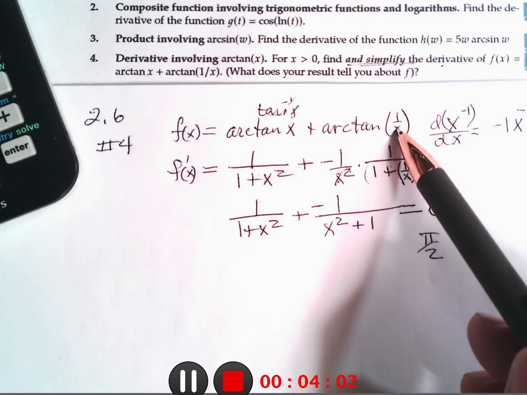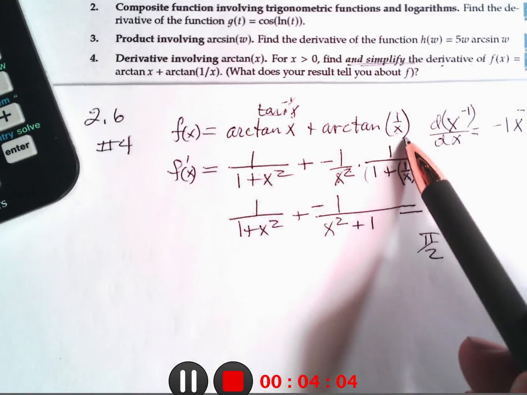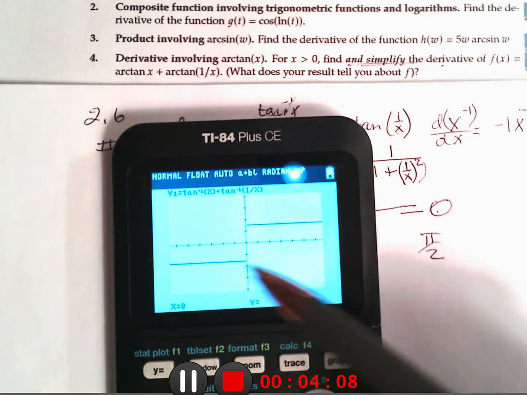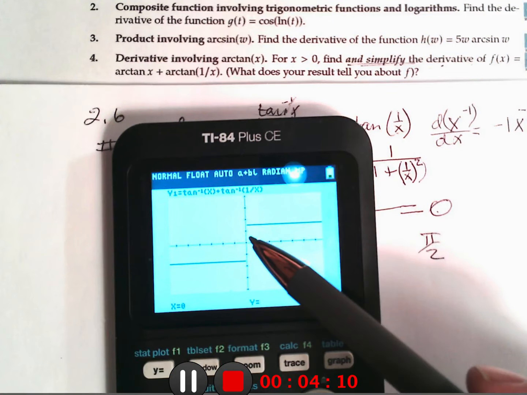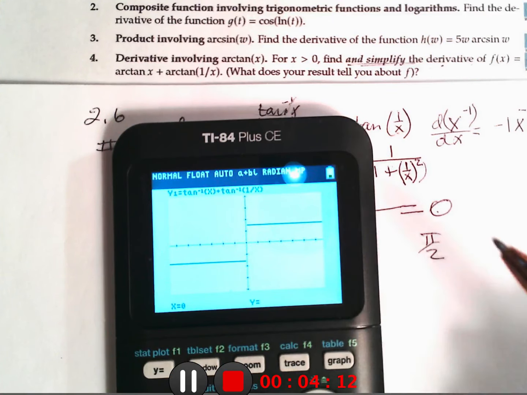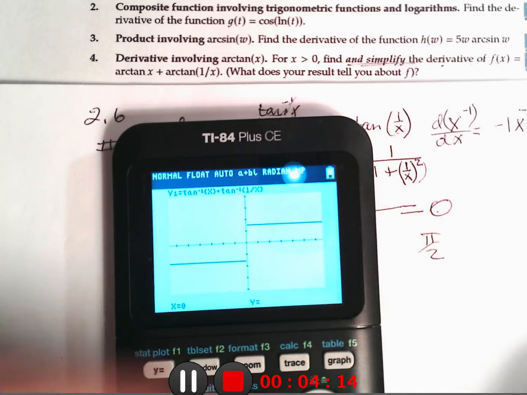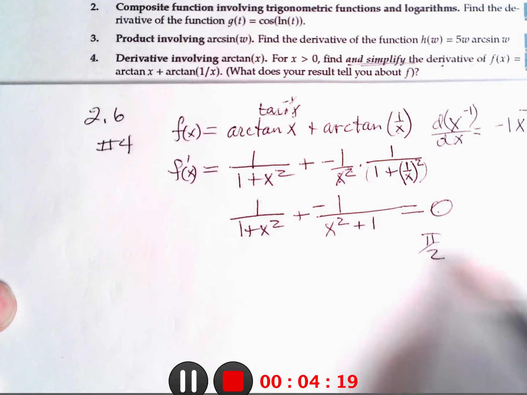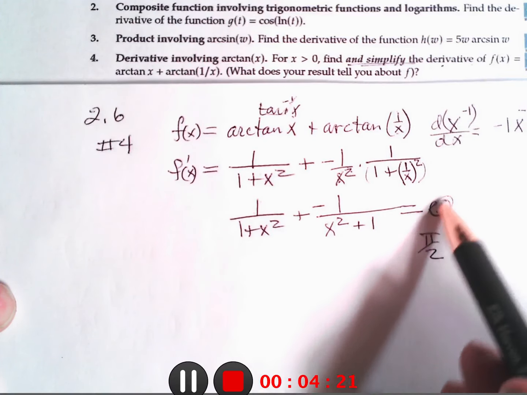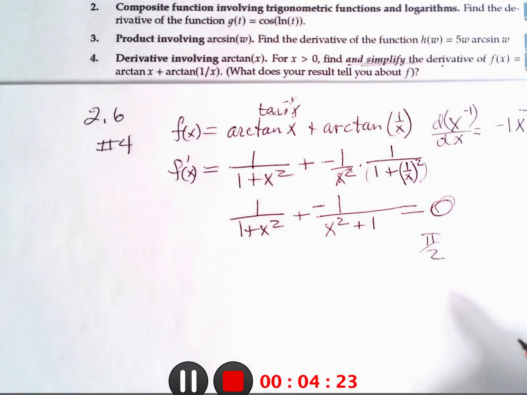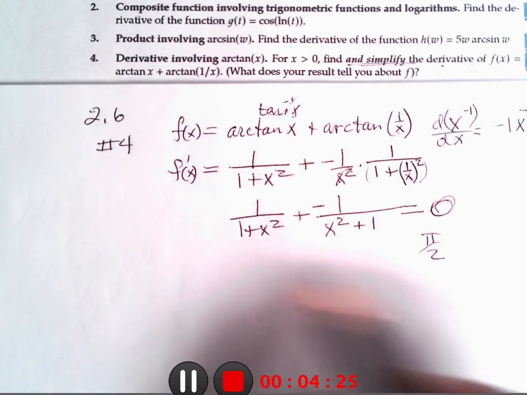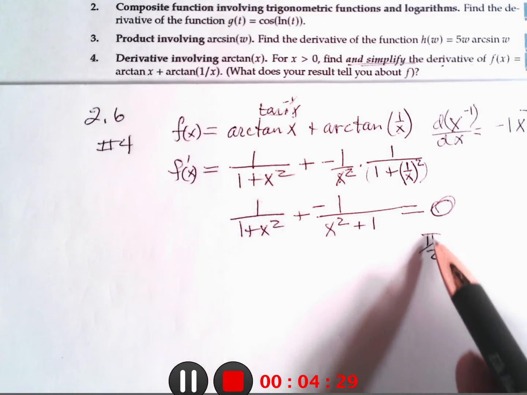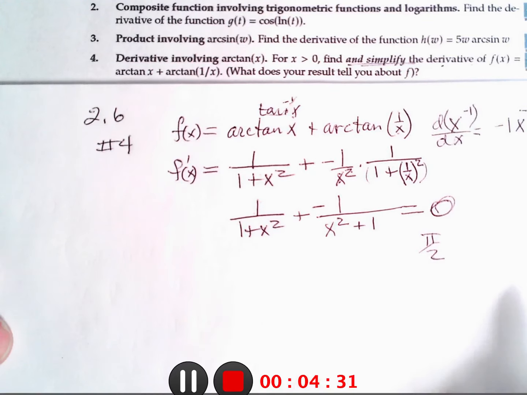So this function for x less than 0 has a value of negative pi over 2, and this function has a value of pi over 2, always the same. Slope is 0 on both of those. The function has a value of negative pi over 2 for x less than 0 and pi over 2 for x greater than 0. Make sure I said that right.